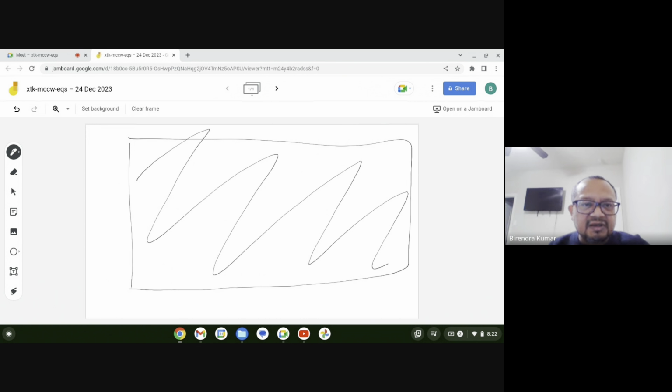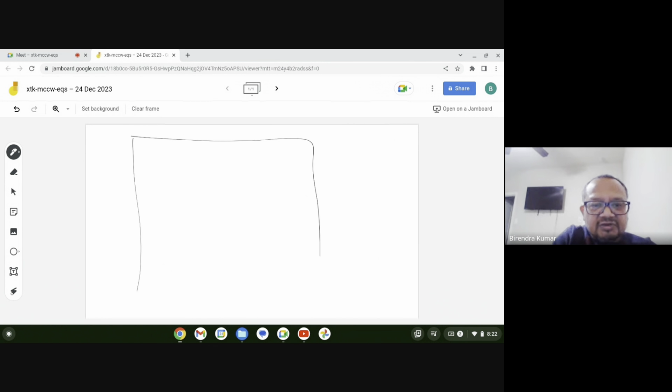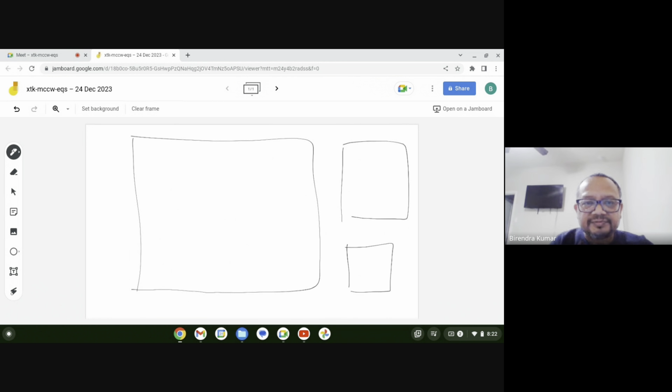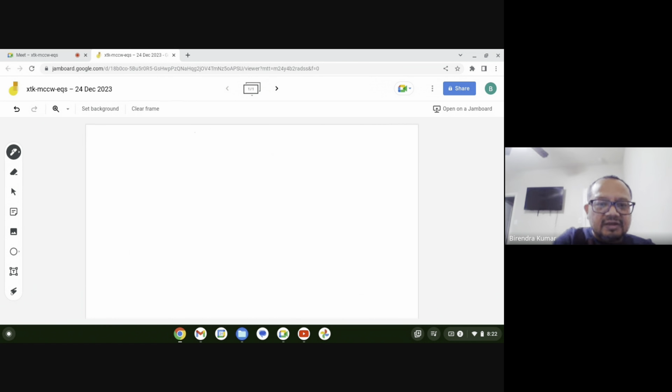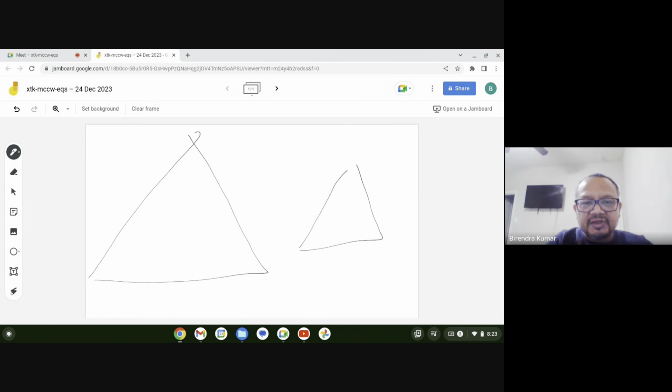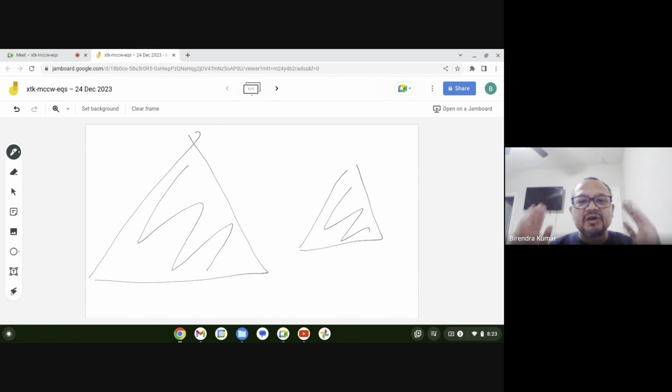be it a rectangle, be it a square, grandpa square, daddy square, baby square. Daddy triangle, baby triangle. This is taking more space, this is taking less space. So this space taken by any shape on a sheet of paper or on any surface is called area.